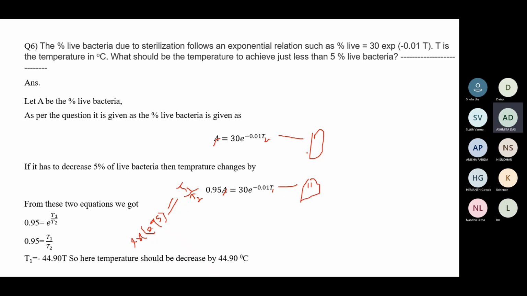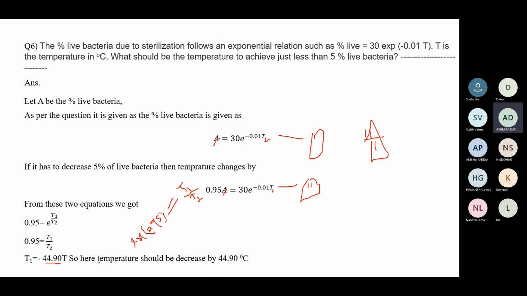So by dividing equation 2 by equation 1, we get this formula. So finally, after getting ln of 0.95, we got around 44.90. So we consider the decrease will be 44.90 degree centigrade.